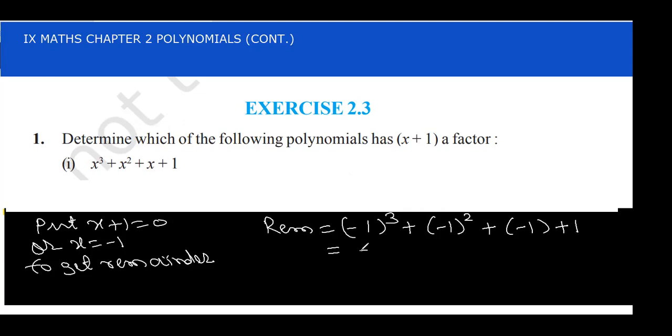(-1) power 3 is -1. (-1) a whole square is 1. Plus (-1) plus 1. So that is +2 and second part is -2.